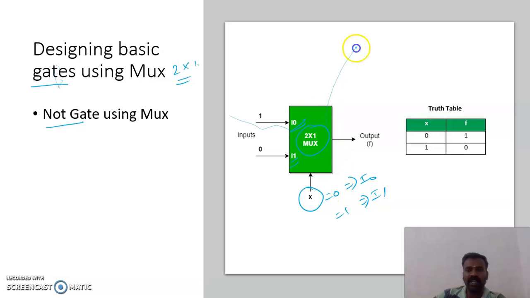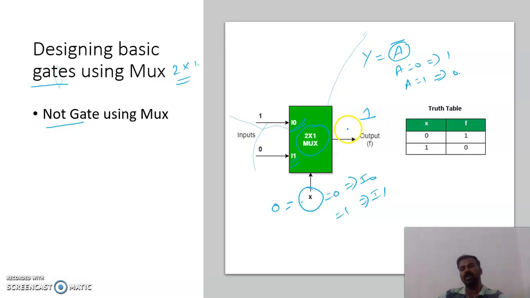So now this is the NOT gate. The NOT gate truth table: y is equal to a bar. When I give a equal to 0, the output is 1. A equal to 1 produces the output 0. So here this input A acts as the selection line. When I give x equal to 0, my output is 1, which means for x equal to 0 it selects I0 only.